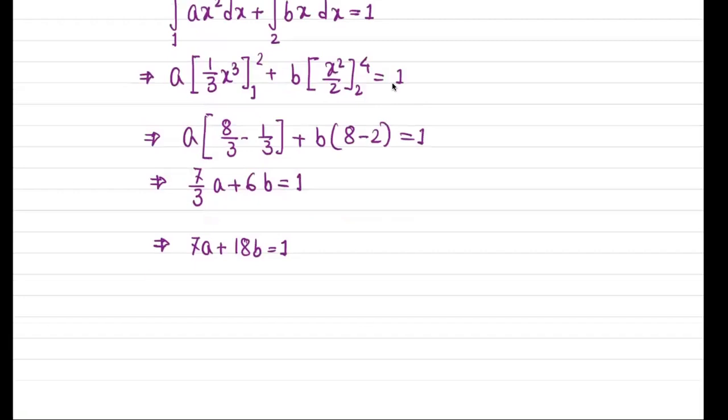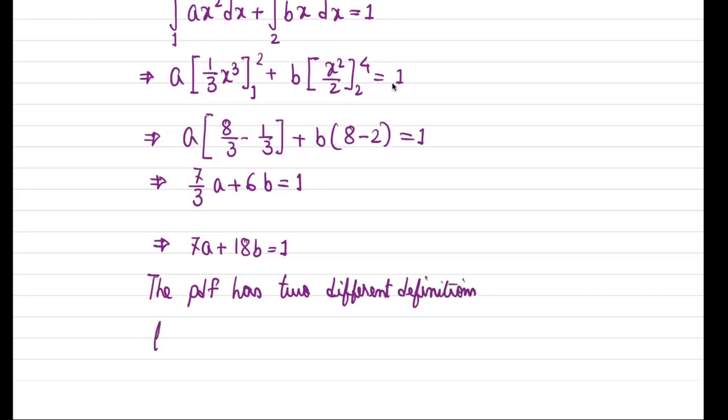Now, we can also say that the PDF has two different definitions for x is equal to 2.